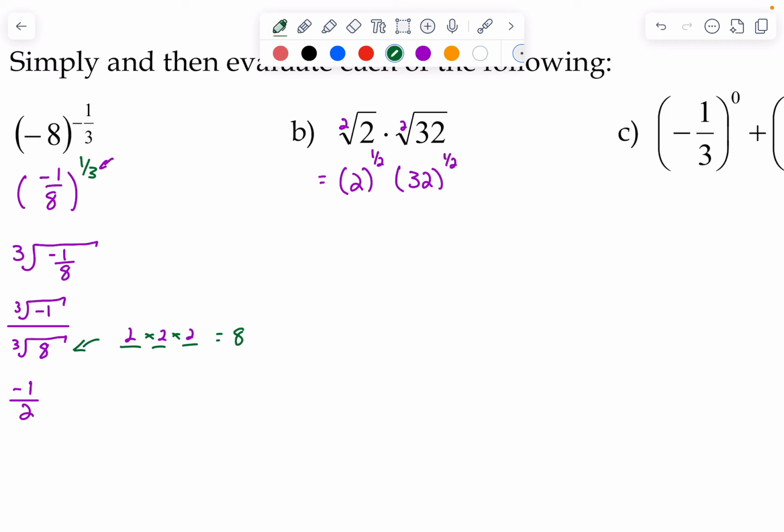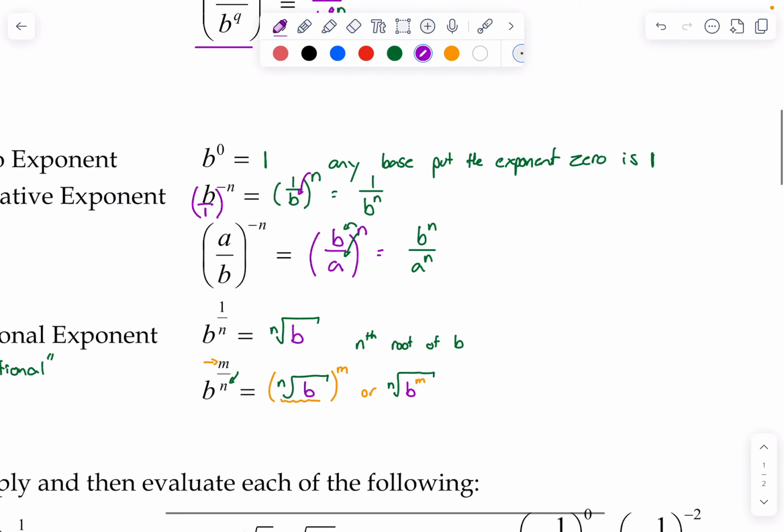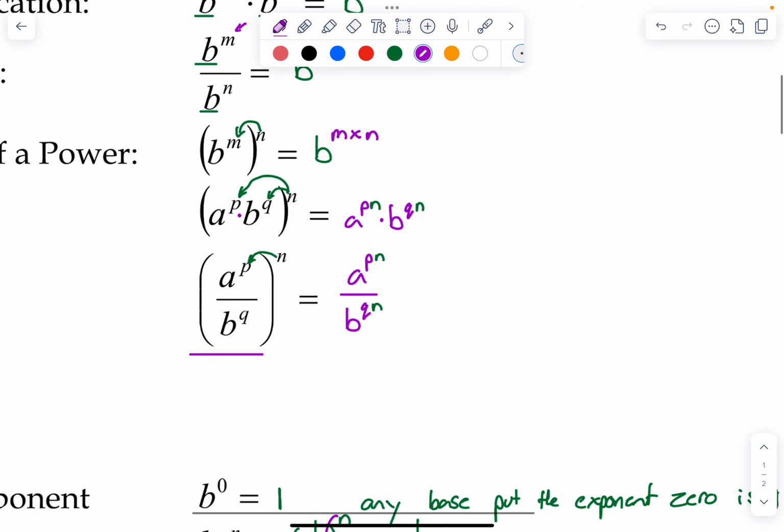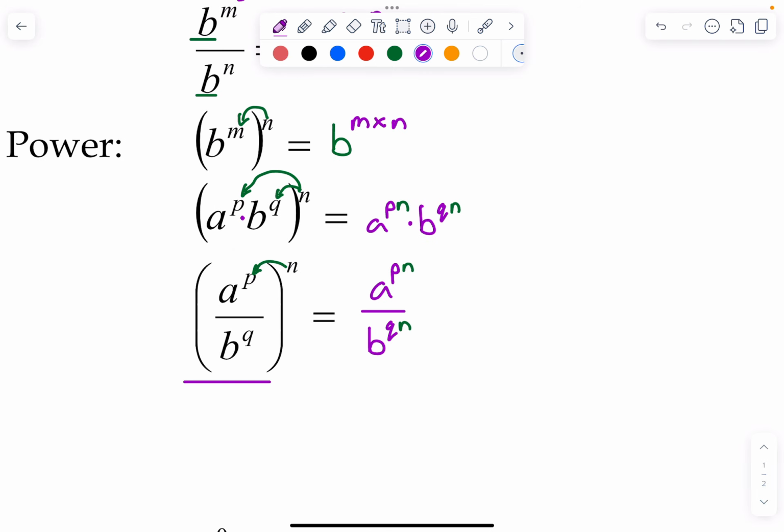Another way of thinking about this is using the rule right up here, where you had an exponent being distributed. Essentially we are looking at this right now, and I'm saying, go the other direction. Go backwards.